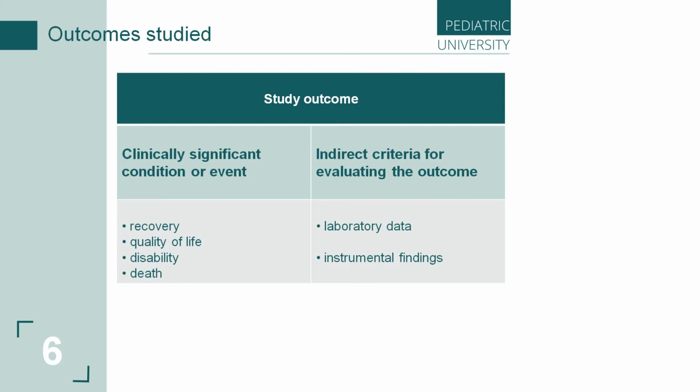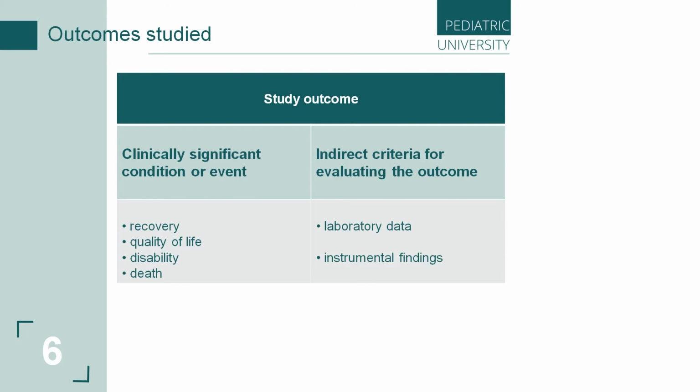In clinical trials, we usually have two possible outcomes. Firstly, it's a clinically significant condition or event. That is, recovered, not recovered, for example, quality of life improved or not, and so on. And the second type is when indirect criteria for assessing the outcome are evaluated.